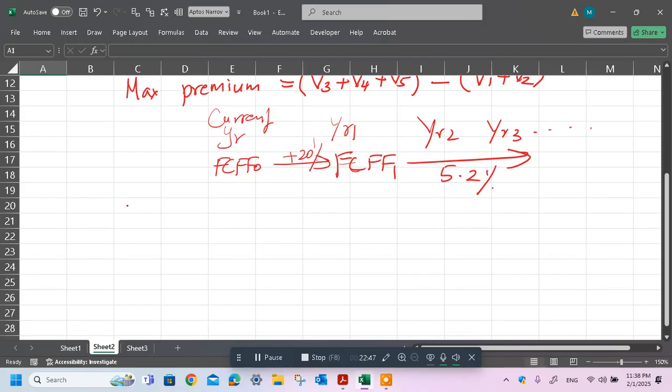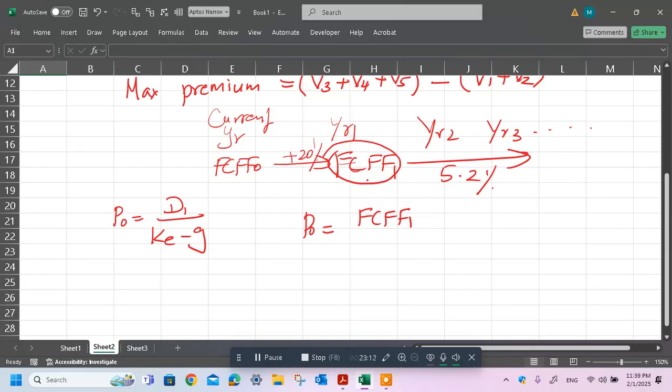So you know, in the dividend valuation model we studied a formula, P0 equals D1 divided by KE minus g. Use the same model here. If you find the first year cash flow, I can say current value P0 is FCFF1, because I simply need the present value of all these after year 1.